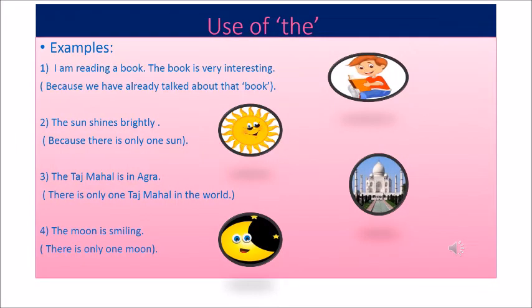Now here are some more examples of the use of the. I am reading a book. The book is very interesting. I am reading a book. So I am telling you that I am reading a book.